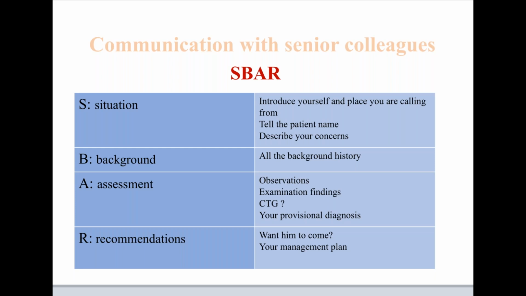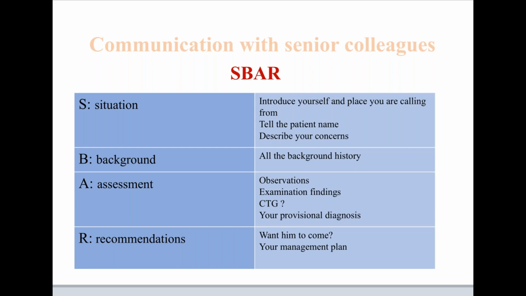Then describe your concern. Why do I need you to come? Because she has lost about 2 liters of blood. So you set the situation first. You told your consultant that the patient is bleeding and you want him to come. That is the situation.